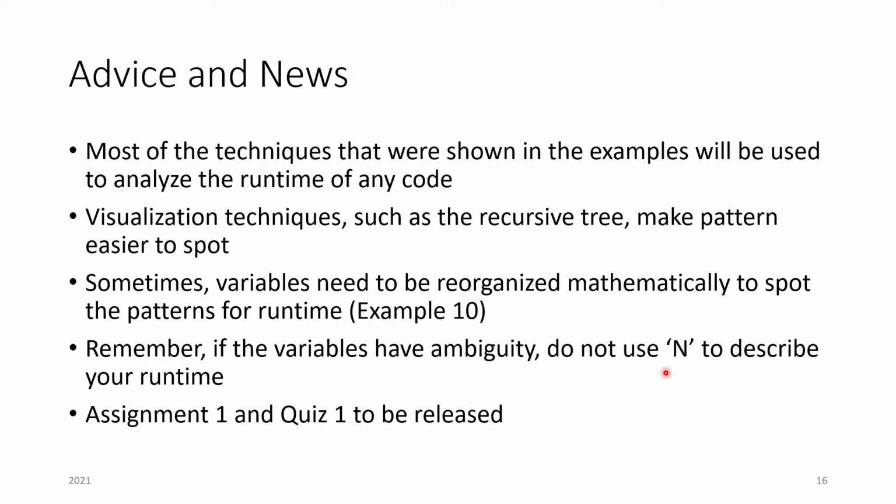Because the length and the size don't actually mean that they are the same thing mathematically. So once you can't figure out some established relationship between your uncertainties, you have to treat them as independent variables no matter what. So you don't use n in that particular case. For the length you use L, for the size you use S, and so forth, and you establish your order in those variables instead.